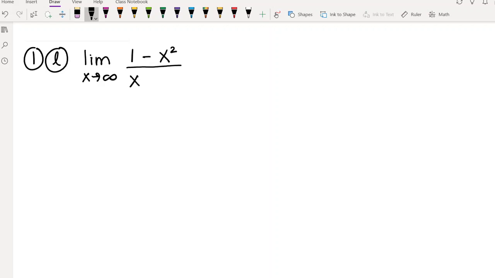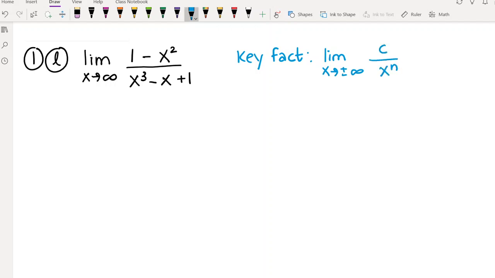So the key fact that we're going to make use of on these is that if you take the limit of a number divided by x to a power as x approaches either positive or negative infinity, I'll write this down to the side. Key fact. If you take the limit as x approaches either positive or negative infinity of a number over x to a power, it's always going to equal 0.